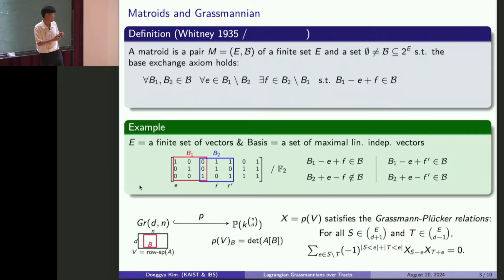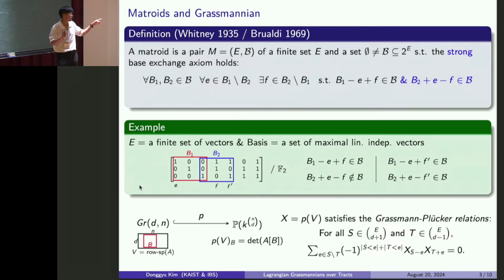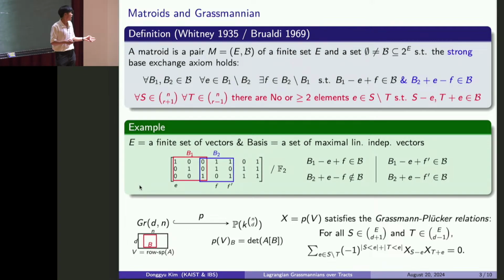You can also understand this as the Laplace expansion of the usual matrix determinants. Because of that, you can easily check that the linear matroid satisfies the strong basis exchange axiom. And we already know that this is generally true for any matroid. We can also rephrase this in a language more compatible with the Grassmann-Plücker relations.